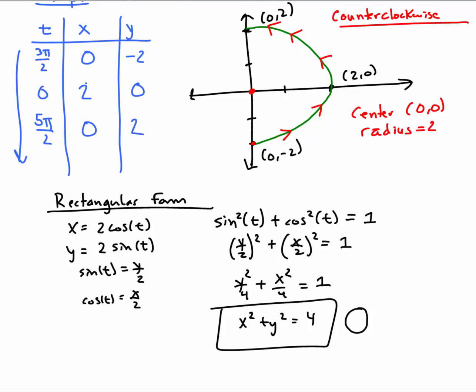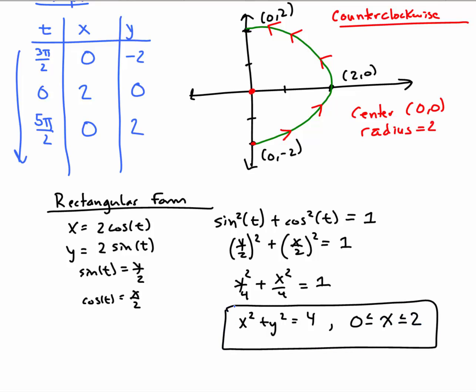That was my only values of x that are possible given these restrictions on t. I never had any negative values of x. So I think to be thorough with this one, we need to also include a restriction. So x was between 0 and 2. And that would produce this arc that we have right up here.